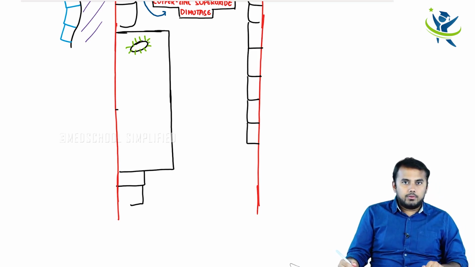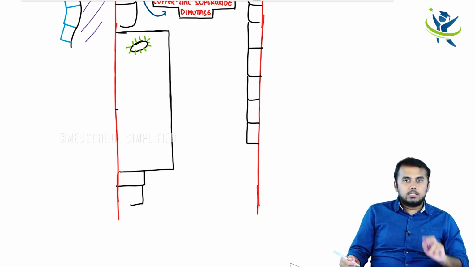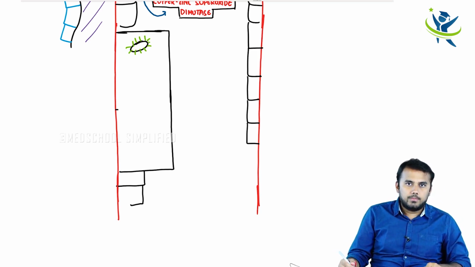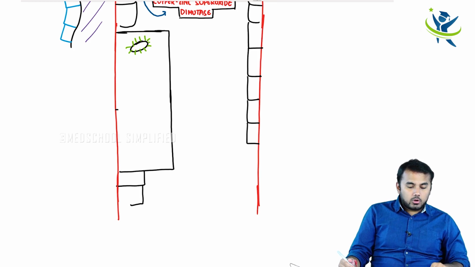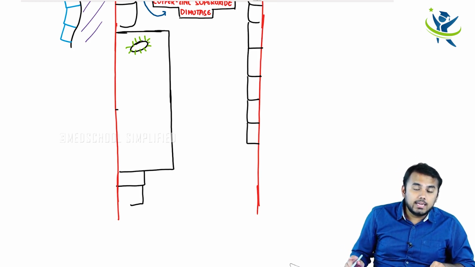And now look here very carefully. This bacteria within this endothelial cell releases two different types of toxins. Okay, what is that one toxin called? That is cytolethal distending toxin.